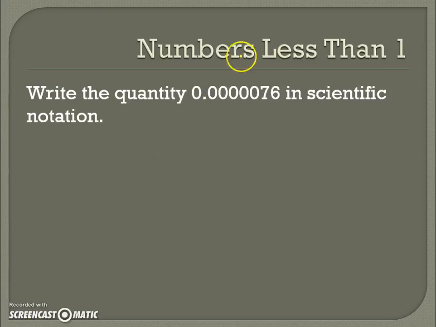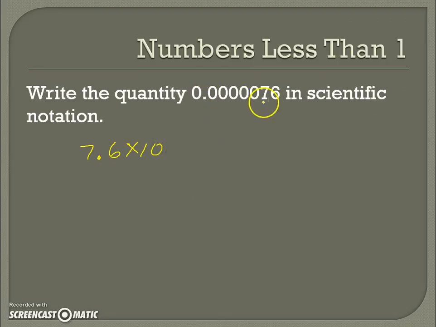All right, so here, numbers less than 1. It says write the quantity in scientific notation. This is a little bit different. I'm still counting decimals. Now remember, this first number has to be between 1 and 10. So I have a 7 and a 6, which means that first number is going to be 7.6. And I'm multiplying it by 10 to a certain power.